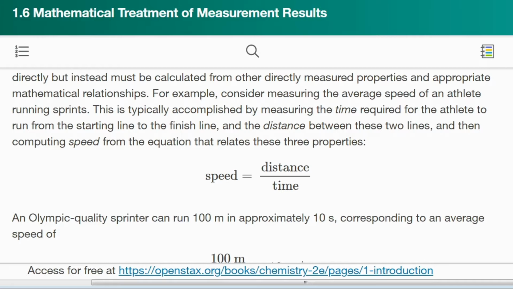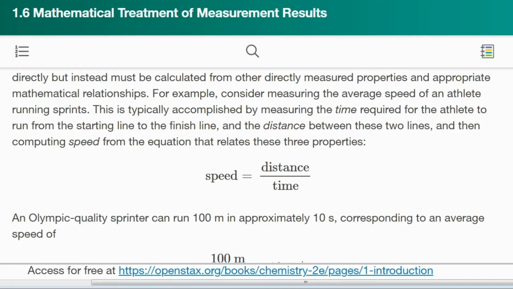This is typically accomplished by measuring the time required for the athlete to run from the starting line to the finish line and the distance between the two lines, and then computing the speed from the equation that relates these properties. And there is the equation there. Speed equals distance divided by time.